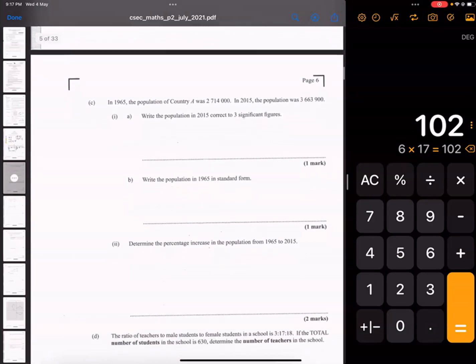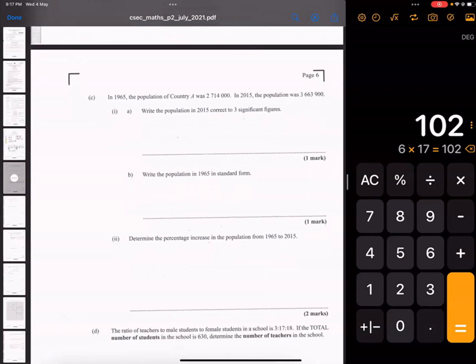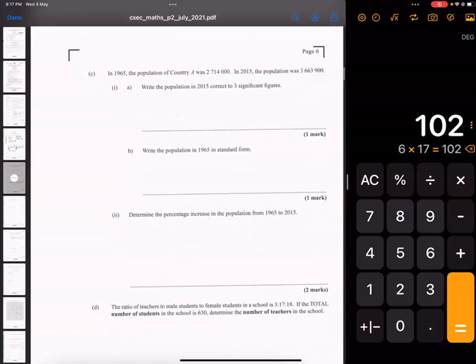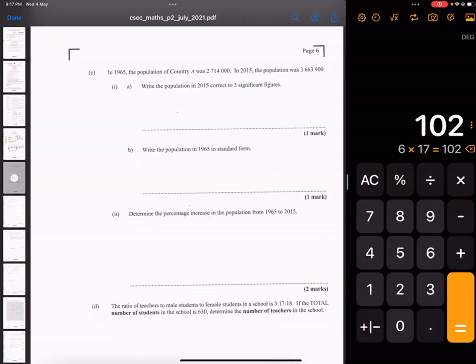So C, we are now looking at question 1, C. In 1965, the population of country A was 2,714,000. In 2015, the population was 3,663,900.